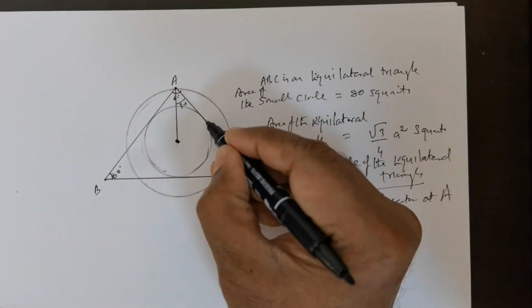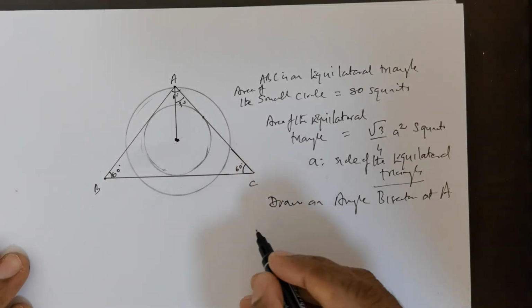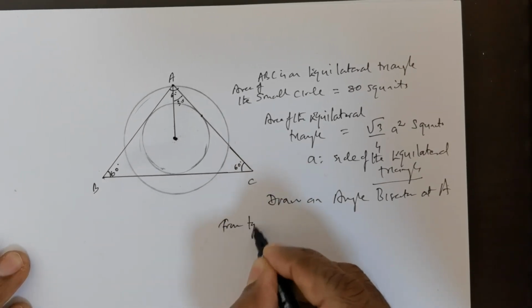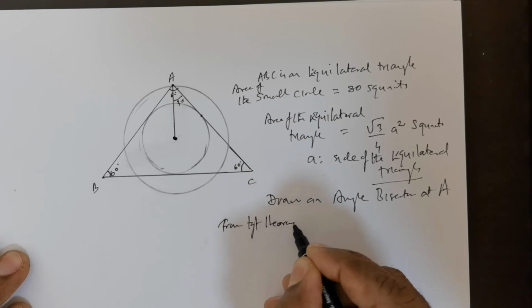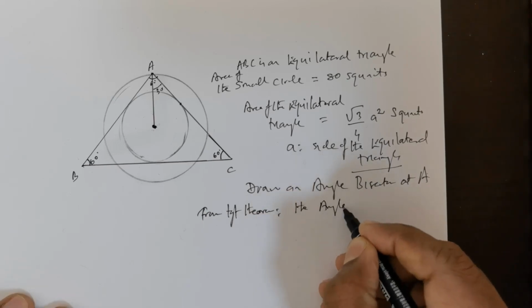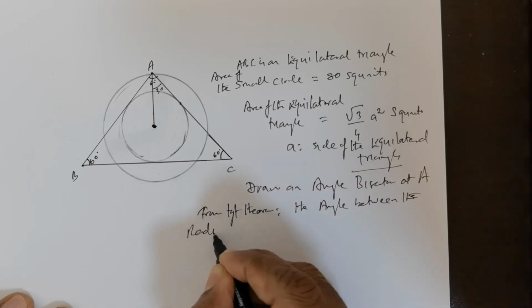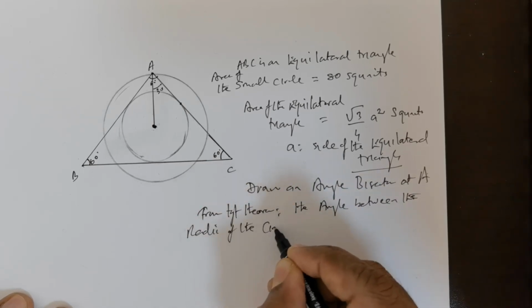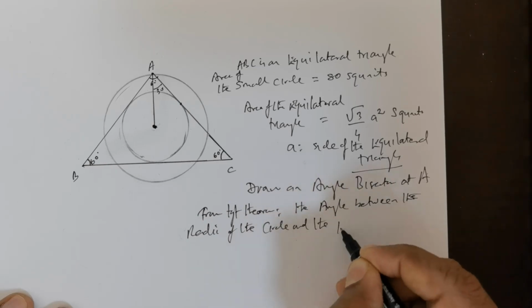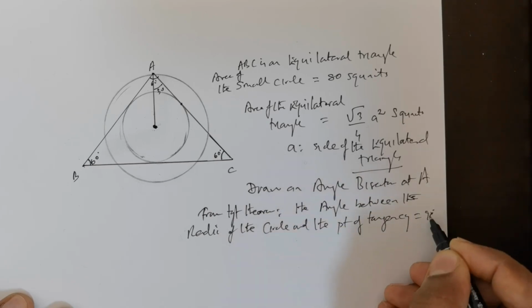Okay, alright. Now do you notice this point? There is a point of tangency. So let me mention that from the tangent theorem, the angle between the radius of the circle and the point of tangency is equal to 90 degrees.